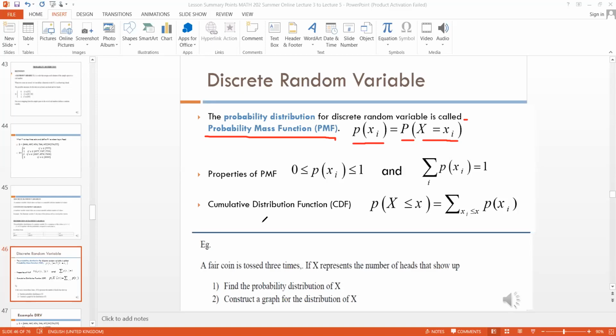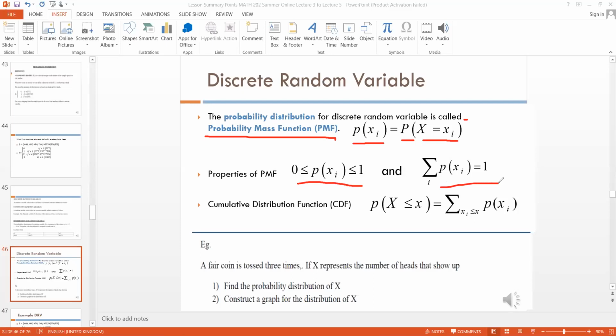Then we said earlier that as a property of the probability distribution, the probability of any event lies between 0 and 1, and also the sum of all probabilities is equal to 1. Okay, very well.